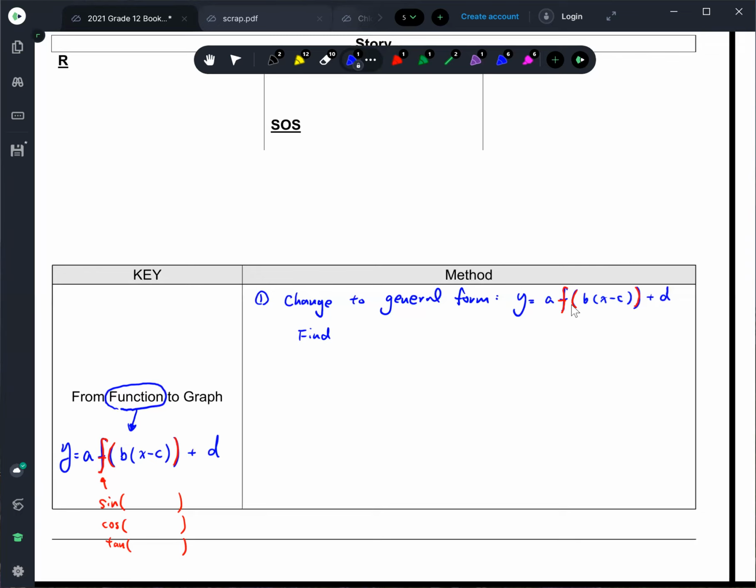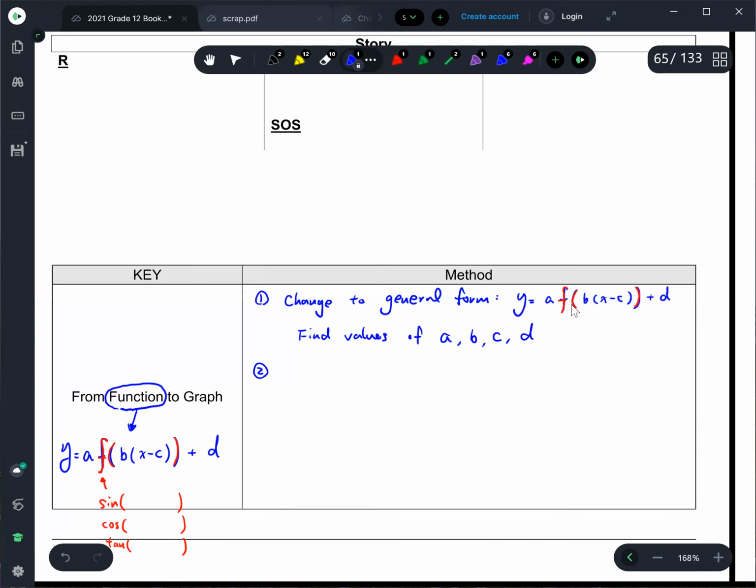Find values of A, B, C, D. Those are together, count as one step.